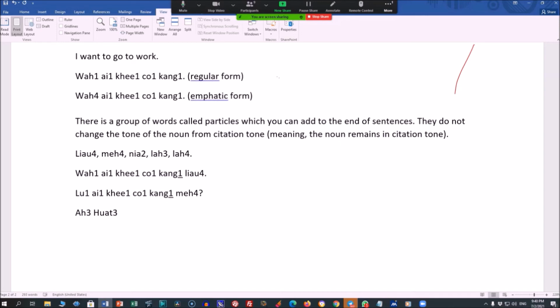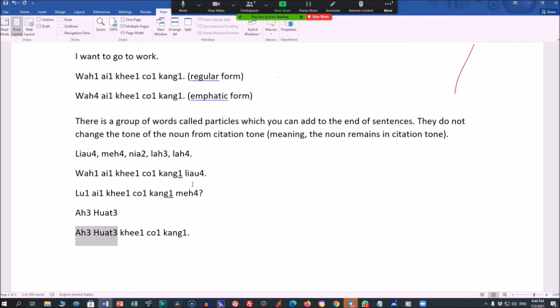Nouns do not change tone. For example, the word ahwat. In a sentence, whether it's the subject or the object, it is still ahwat. So, ahwat ki zhou gang. Notice the word huat. Not ahwat ki zhou gang, but ahwat ki zhou gang.